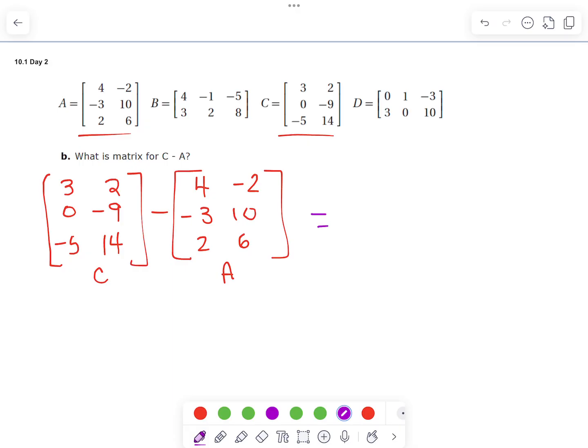So we do this again with the corresponding elements. So this is the corresponding.